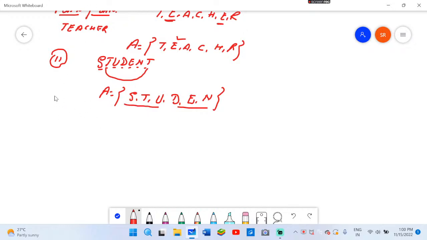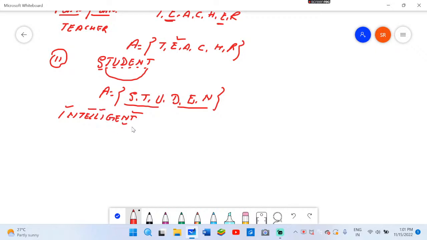Next word is intelligent. I-N-T-E-L-L-I-G-E-N-T. In the word intelligent, I is repeated. E is also repeated. T is also repeated. And L is also repeated.